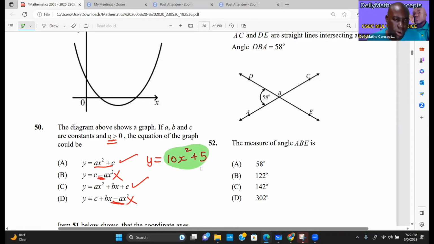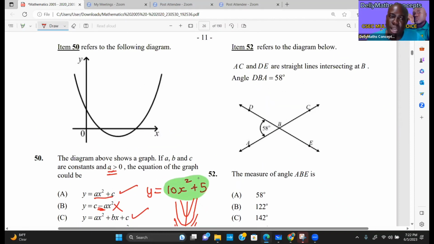When there is no middle term, every quadratic curve is on the y-axis like this. On it, on it, on it, at different places, but on the y-axis. Take a look at this. This is not on the y-axis. It's off the y-axis, right? It's not on it.